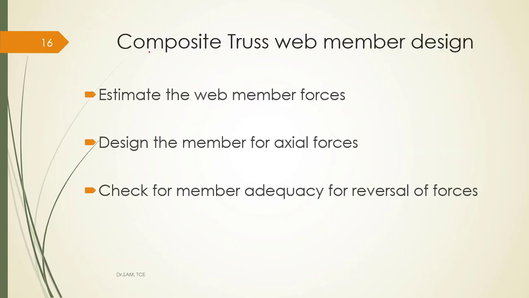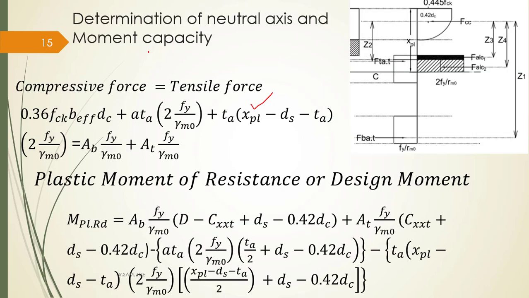After completing the design of the top chord as well as the bottom chord, in the composite stage you need to know the load in the bottom chord, the force in the bottom chord.